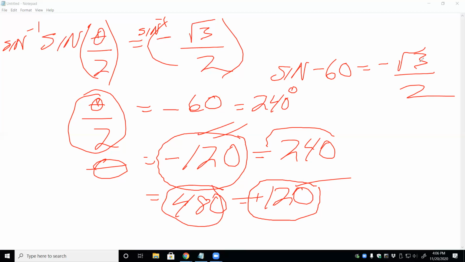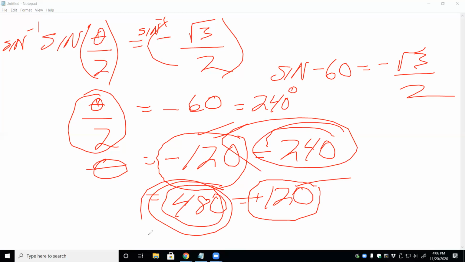So we came up with two thetas. Now, one of those thetas is not inside the unit circle. That one is, but this one is not. So if your domain was restricted to theta being between 0 and 2 pi, then this is not an answer. Right, okay. So you would only have one answer if you had a domain restriction that said that.